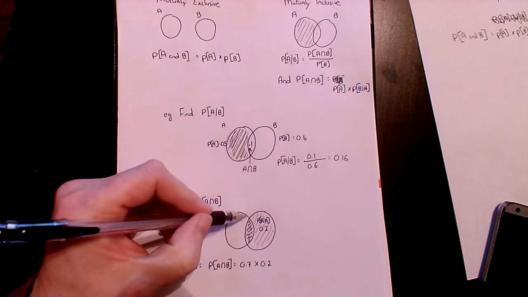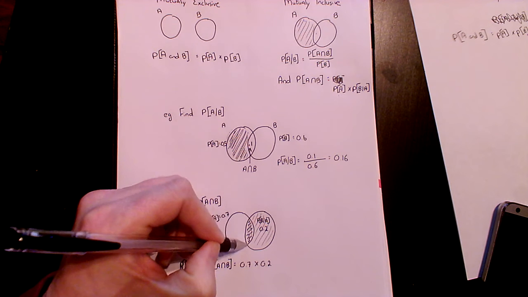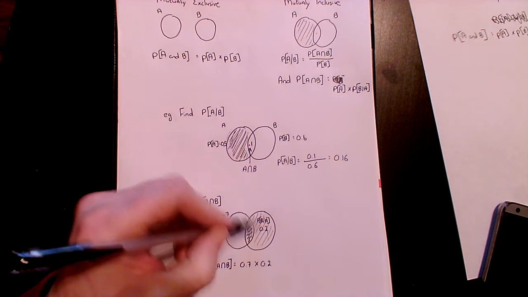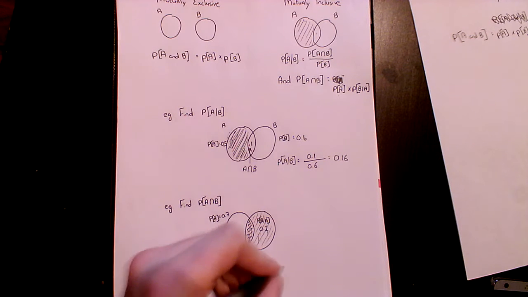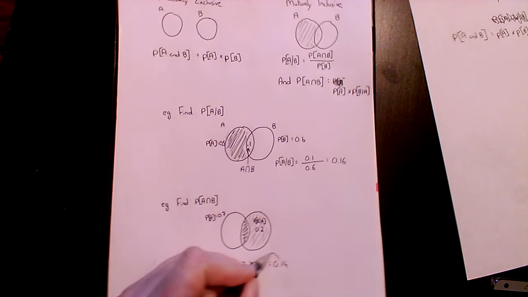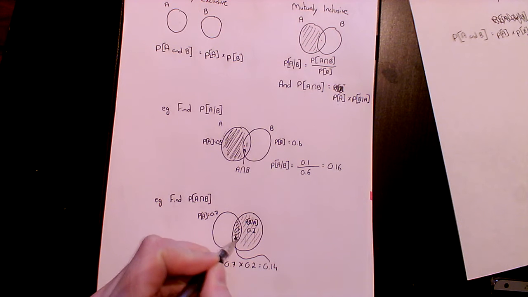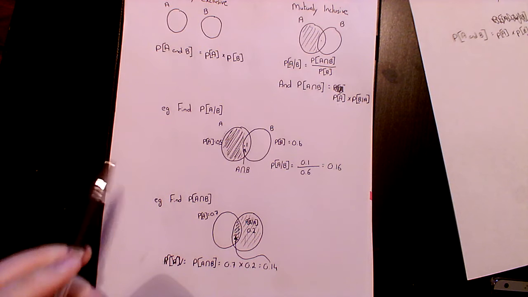Okay? So we're multiplying all of that by just this bit. Okay? Just this bit. And we get 0.14. So 0.14 is there. Okay. I hope that makes sense, Lucy.